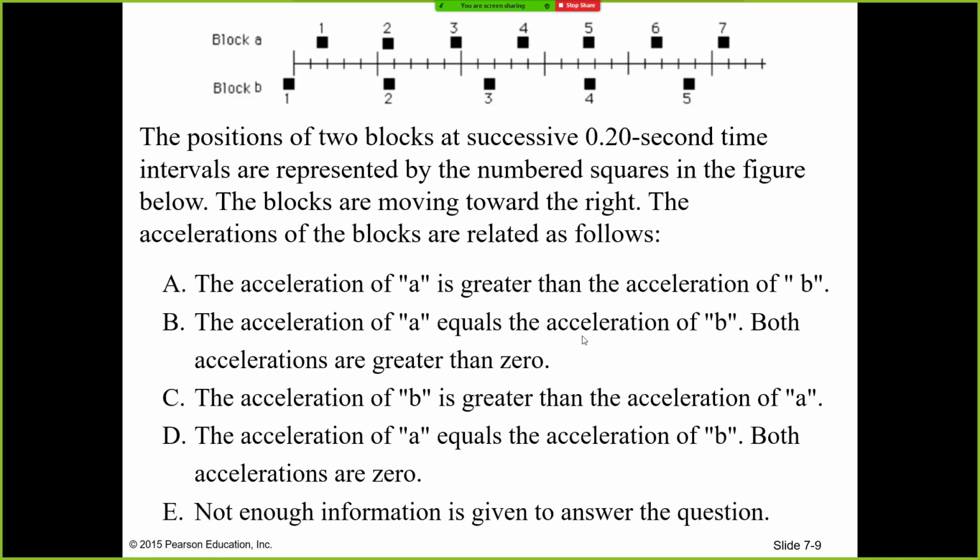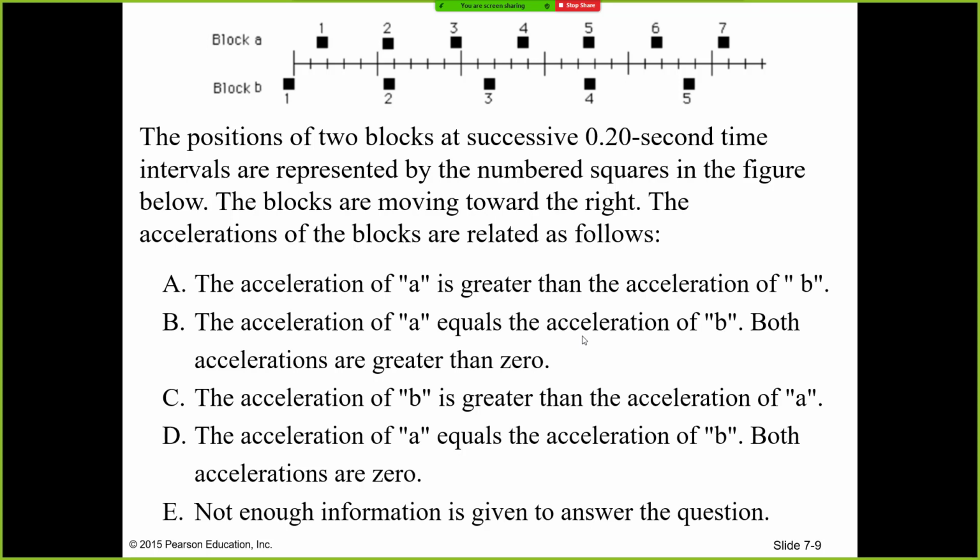Okay, let's look at this one. It's asking the acceleration of the blocks are related as follows. So it's asking about the acceleration. Acceleration of A is greater than acceleration of B. Acceleration of A is equal to acceleration of B. Both accelerations are greater than 0.